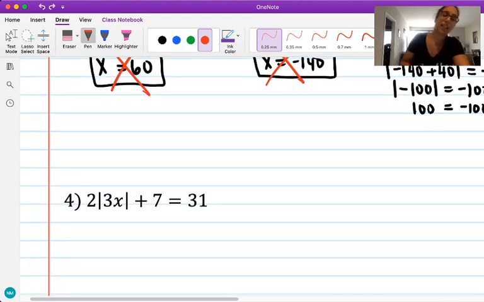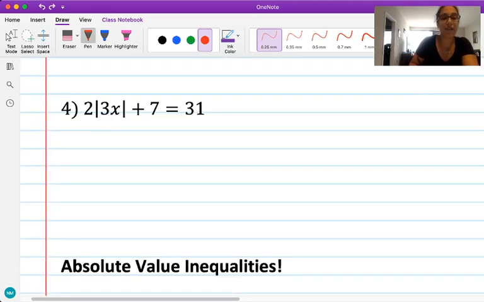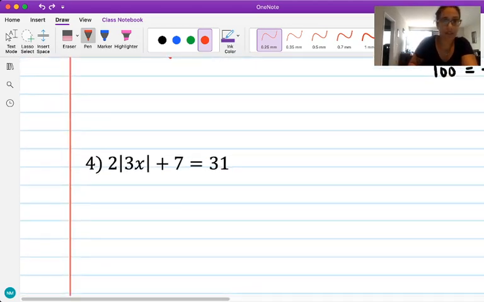So what about something like this, when I have a bunch of fluff on the outside? I need to, again, isolate my absolute value. It's the same way as if I had 2x plus 7 equals 31: I'm going to subtract the 7, divide by 2. So the first thing I'm going to do here is subtract this 7.